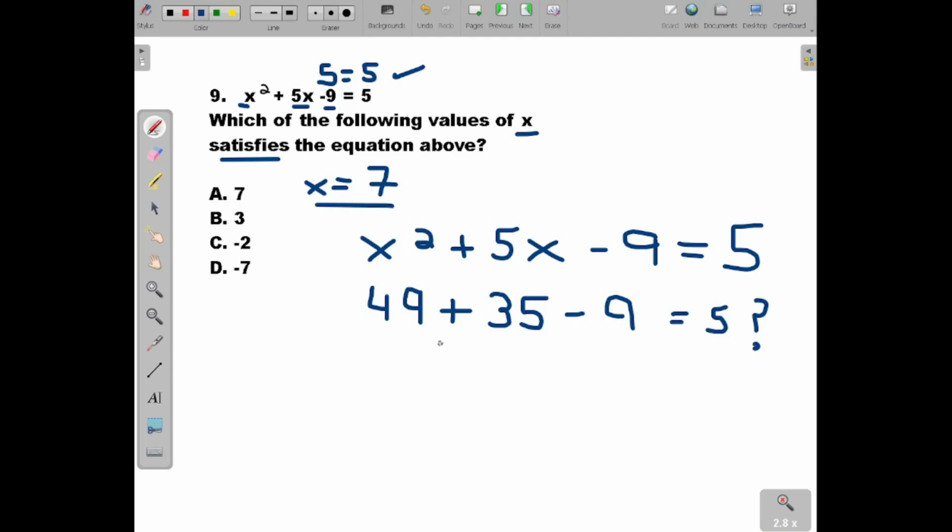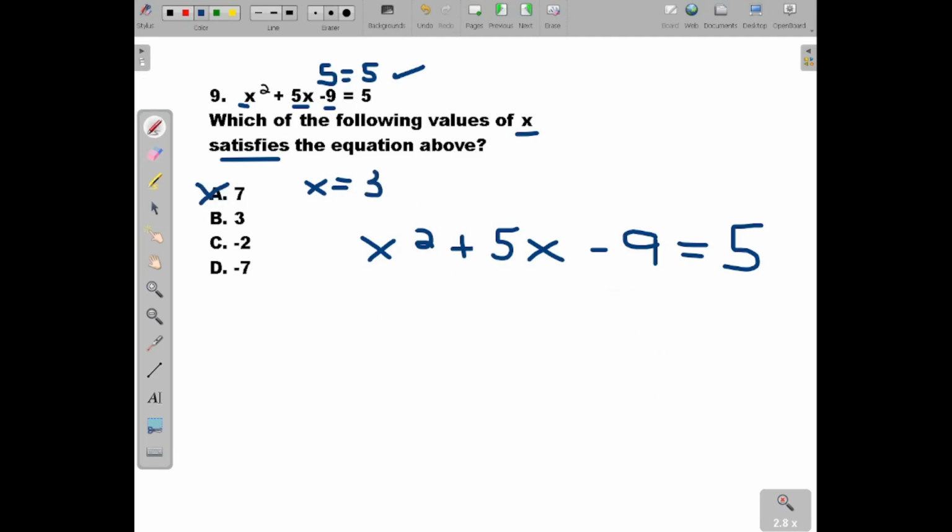No. 49 plus 35 minus 9 is equal to 75. And 75 is not equal to 5. So it cannot be A.